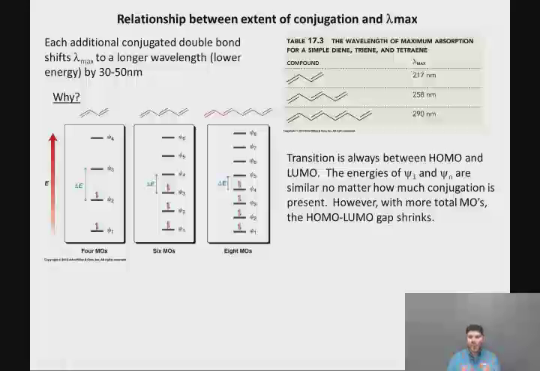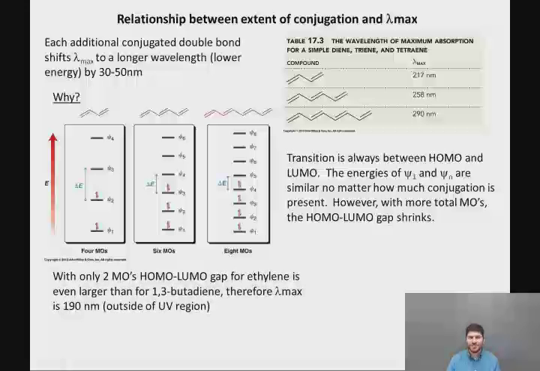But when you have more total molecular orbitals present, in the diene you have 4 molecular orbitals, in the triene you have 6, and in the tetraene you have 8, the gap between the HOMO and the LUMO shrinks. And that shrinkage of the gap, of course, results in absorbance at longer wavelengths.